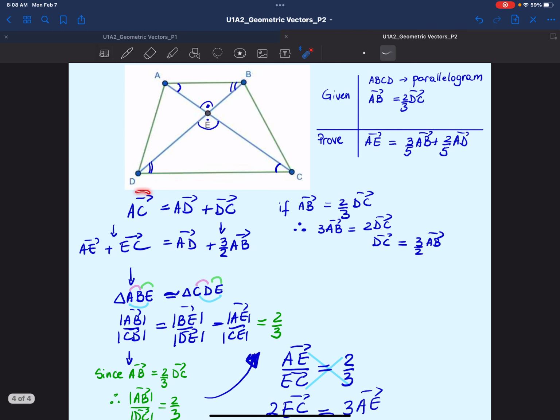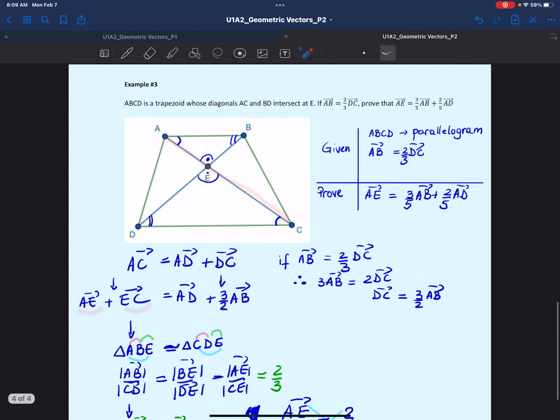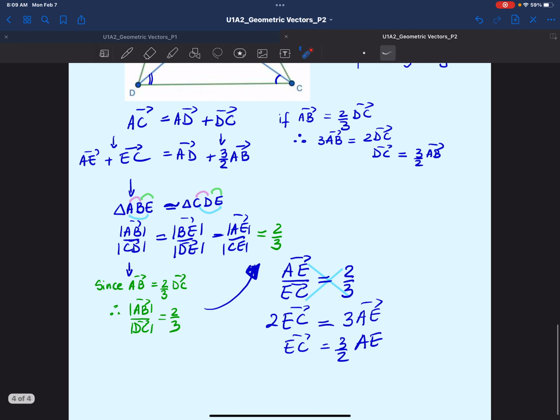Now, on the other hand, we took AC and expressed it as AE plus EC. Now we want to keep AE on the left side, but we want to work with EC. Try to express it in terms of AE. Now, due to the similarity of these two triangles, the ratio AE over EC is 2 over 3, so EC is 3 over 2 AE.